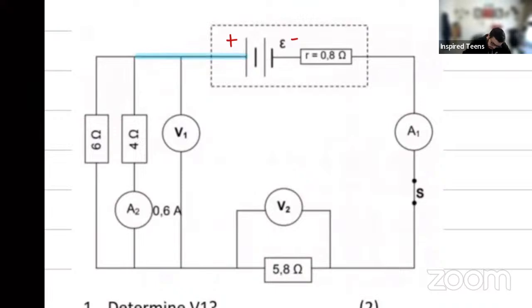Then we reach here, and we're like, shucks, we have two options. At this point, it's going to split into the parallel branch because now it has two options. It can either go left, or it can go down.